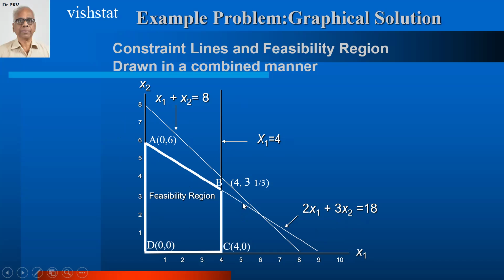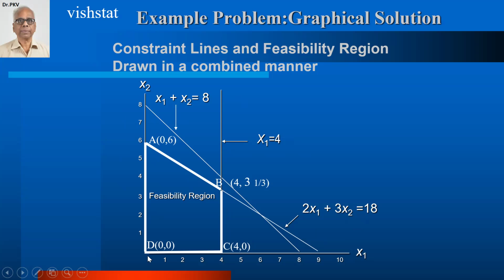And x1 plus x2 less than or equal to 8 is here. So all the three constraints are satisfied in the quadrilateral ABCD.